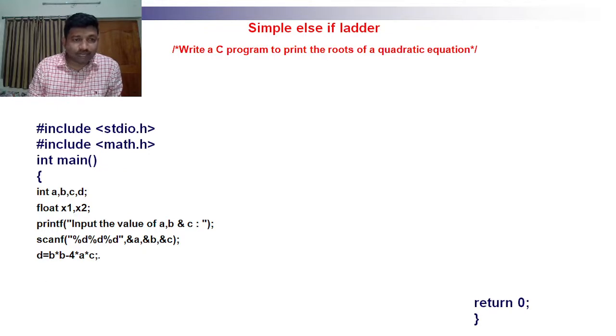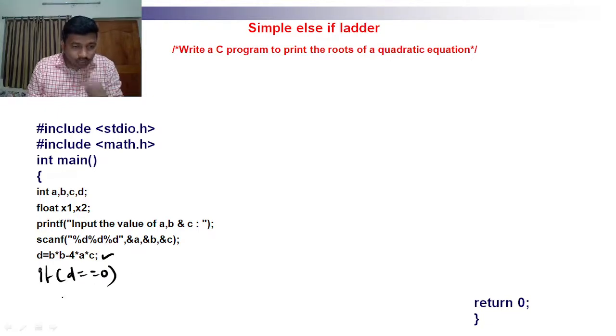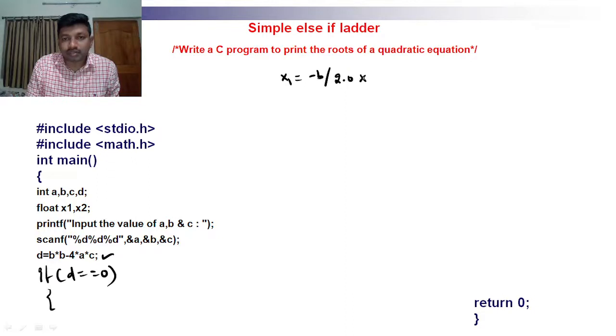I have calculated the determinant here. Now check it once. If d is equal to 0, what you need to do? You can assign the roots like this: x1 is equal to minus b by 2.0 star a. Why 2.0?